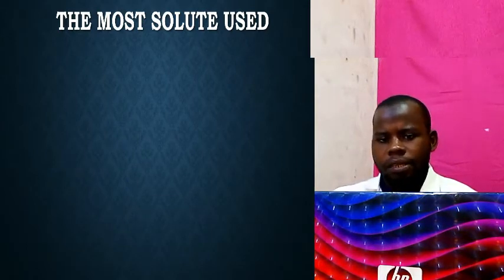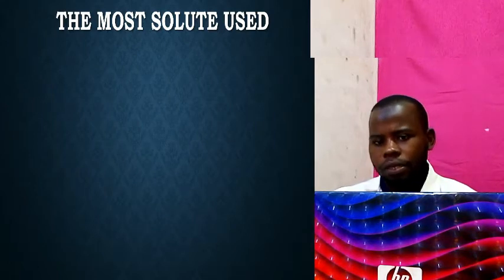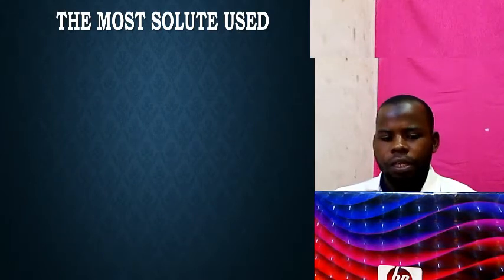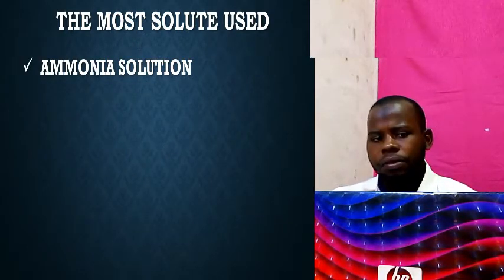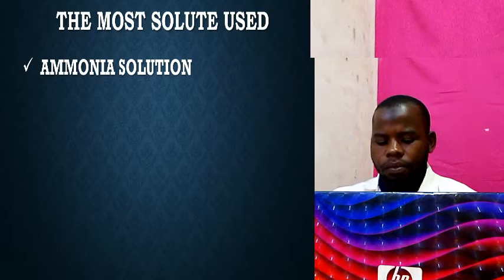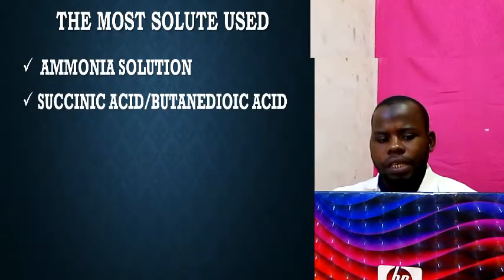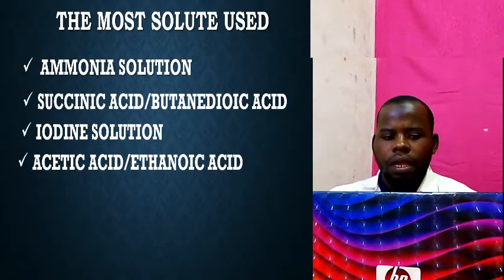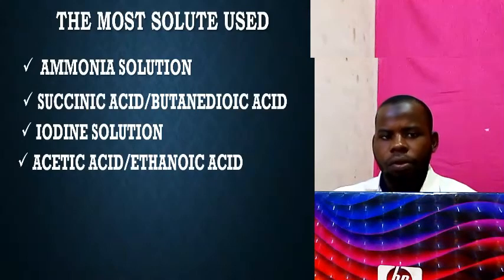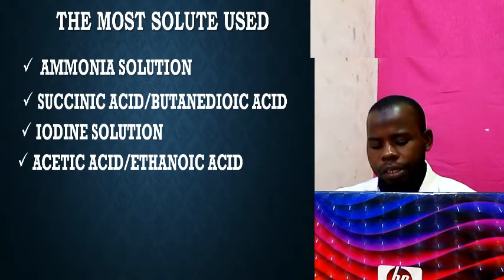We have apparatus, a solute and a solvent. We look at the solutes used. For these experiments, we can use ammonia solution, succinic acid or butanoic acid, iodine solution, acetic acid or ethanoic acid. Those are the solutes used in our partition experiments.